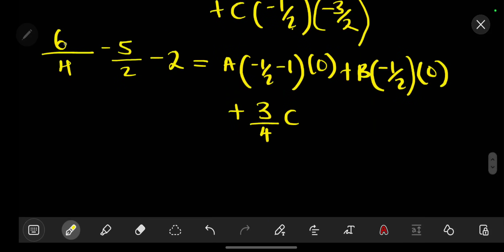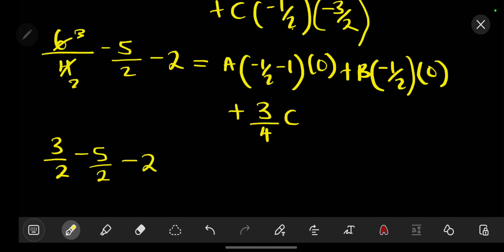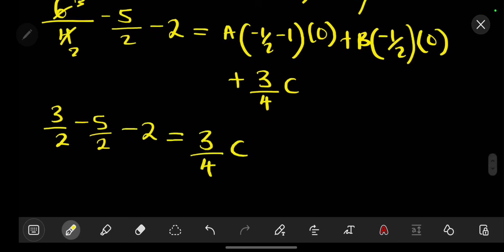So this is going to give us 6 divided by 4. We can divide 2 on both numbers so that we remain with our 3 over 2 minus our 5 over 2. Then we have minus 2, which should be equal to, so this is 0, this is 0, so we are just going to remain with our 3 over 4 c like that.